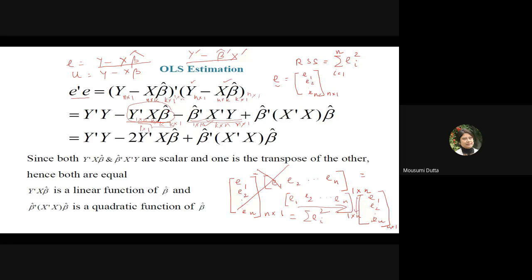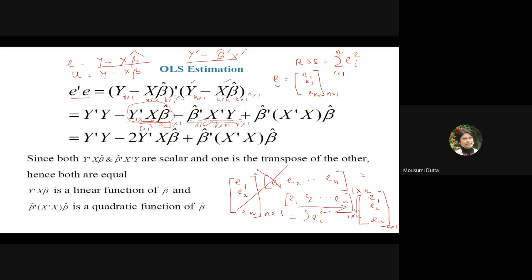Now, before going to differentiation, please look at the points which have been summarized here. Y prime X beta hat is a linear function of beta hat.